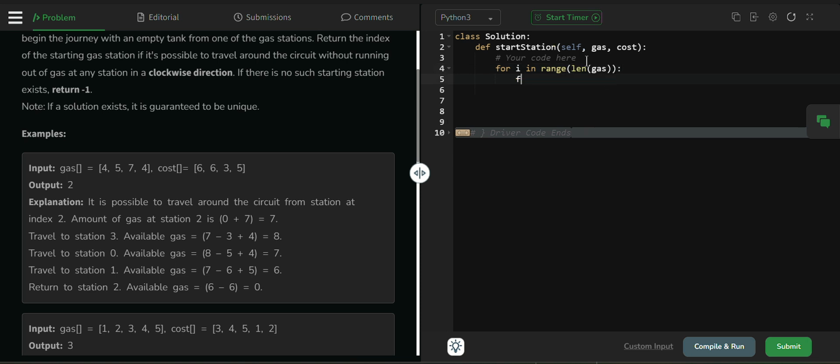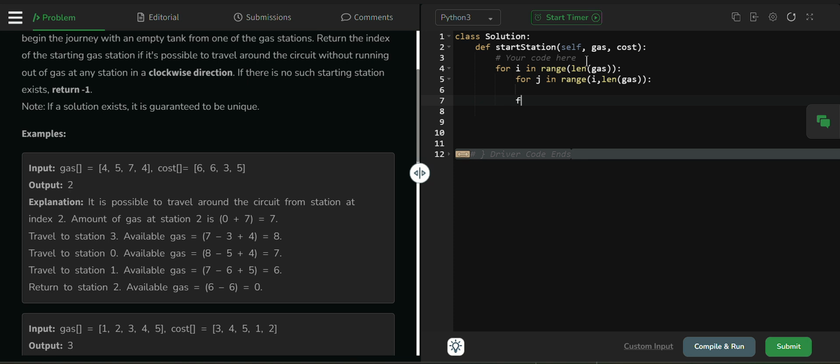The first loop for i in range considers every index i as a starting point, and the inner j loop is for traveling the circular route.